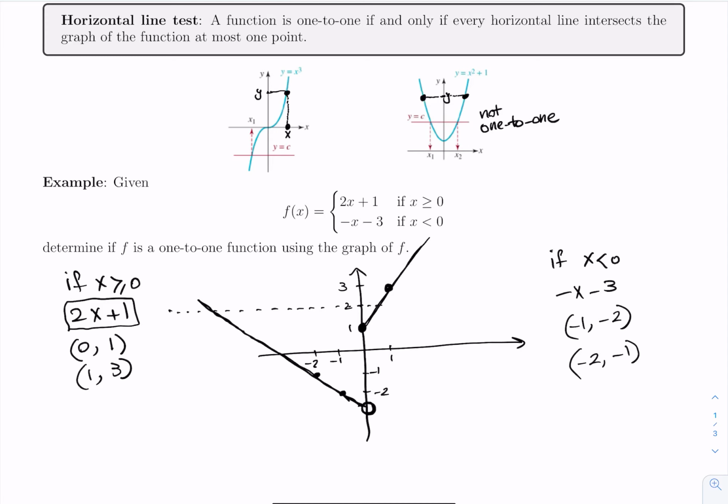Here is a horizontal line which intersects the graph at 2 different points. Means that I could find a y coordinate here which corresponds to 2 different x coordinates, and therefore this function is not one-to-one. Why not? It fails the horizontal line test.